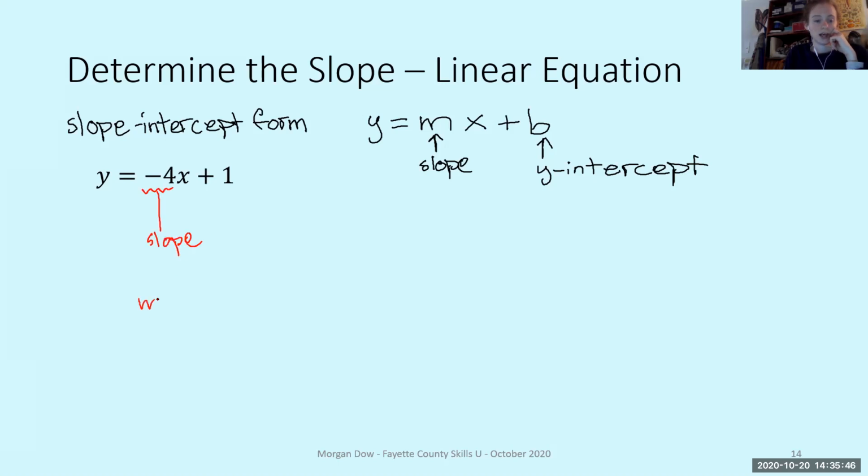So the slope of this line is -4. That means you go down 4 each time you go over 1. So you'd be going down 4 over 1, down 4 over 1, and that would create the line.